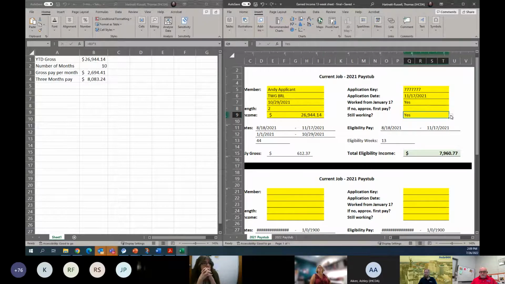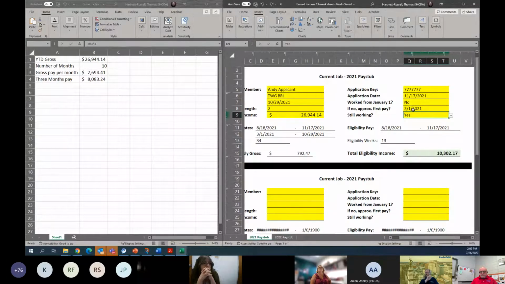And so I do want to just, again, show how some of those changes that we might make can impact this. We talked earlier about what if they hadn't been working since the beginning of the year, and I think we said March 1st. So let's say the person received no pay in January, February, and started working in March.